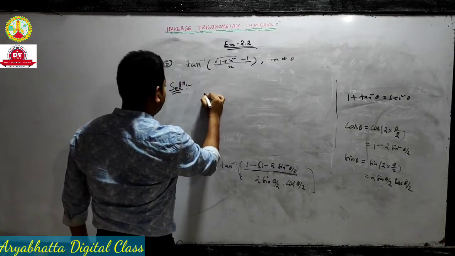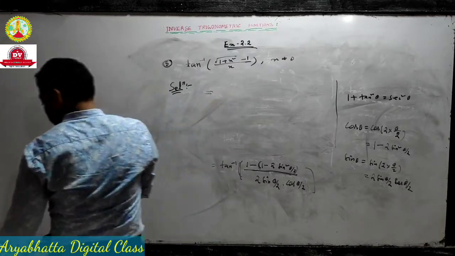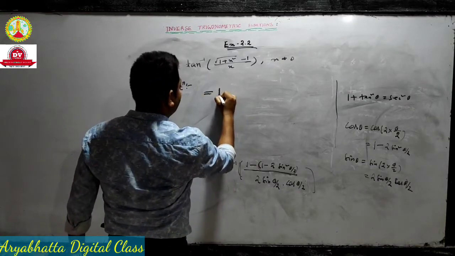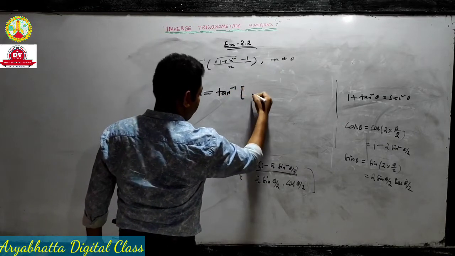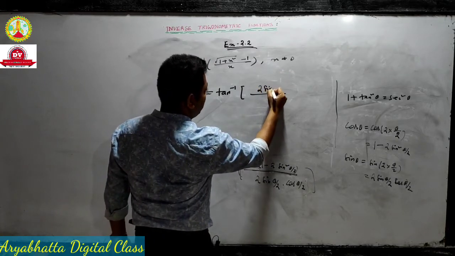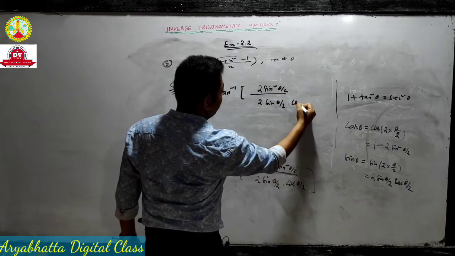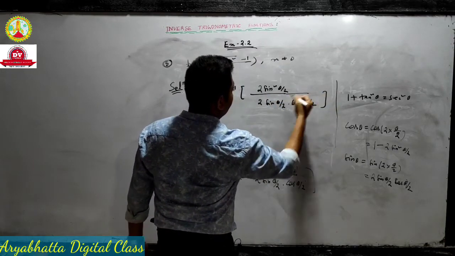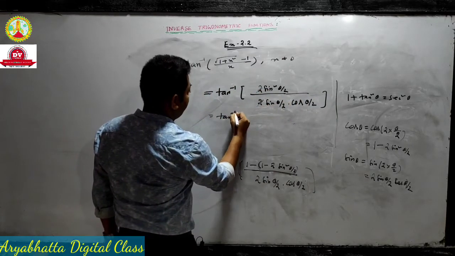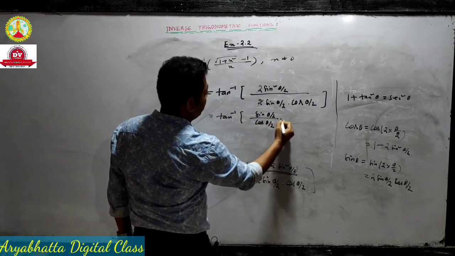This equal to tan inverse 1 minus 1 plus 2 sin square theta by 2 divided by 2 sin theta by 2 into cos theta by 2. Bracket close. 2 cancel, sin cancel, tan inverse sin theta by 2 divided by cos theta by 2.